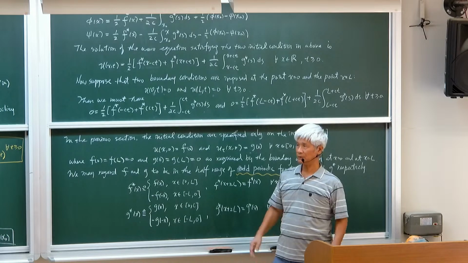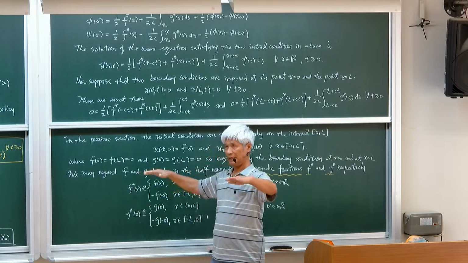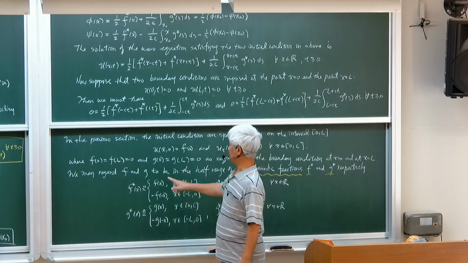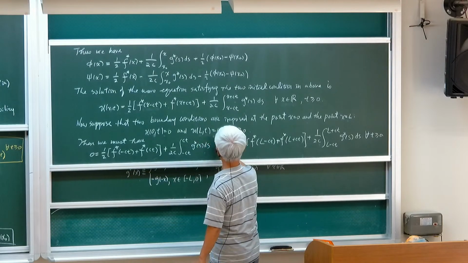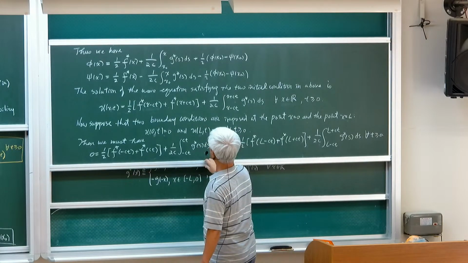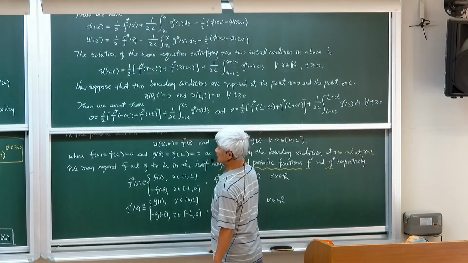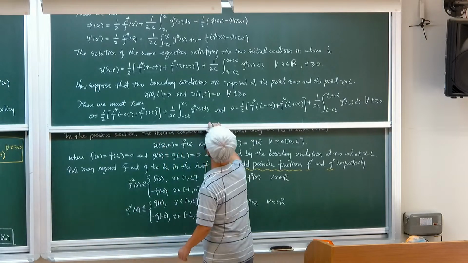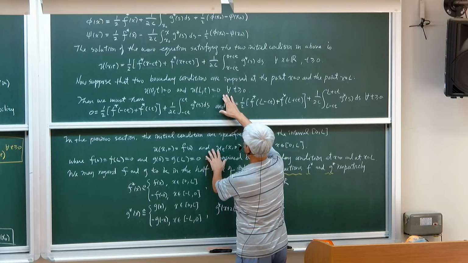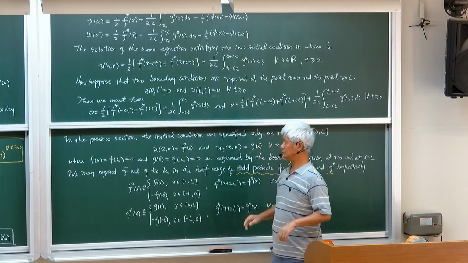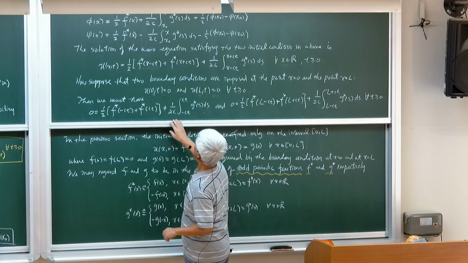So the waveform itself, the wave, to satisfy the two initial conditions and two boundary conditions. So this is the boundary condition, this is the initial conditions, corresponding to the wave function.